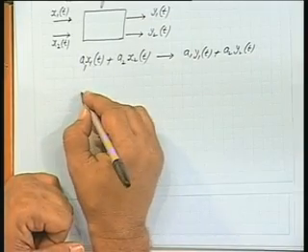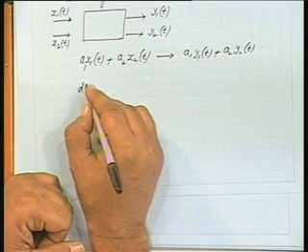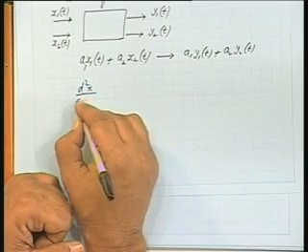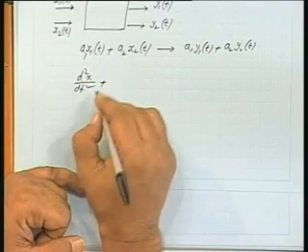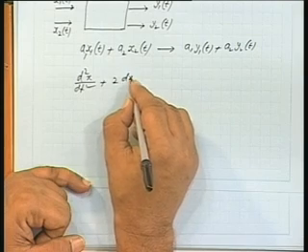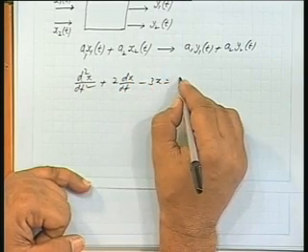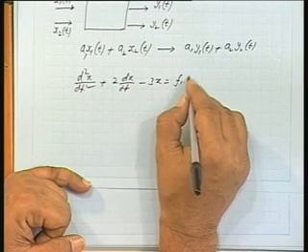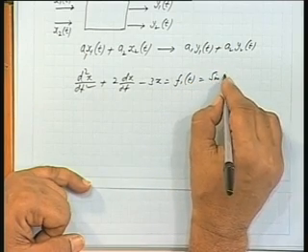First: d squared x by dt squared plus 2 dx by dt minus 3x equals some forcing function f1(t), maybe sin t, sin 4t.